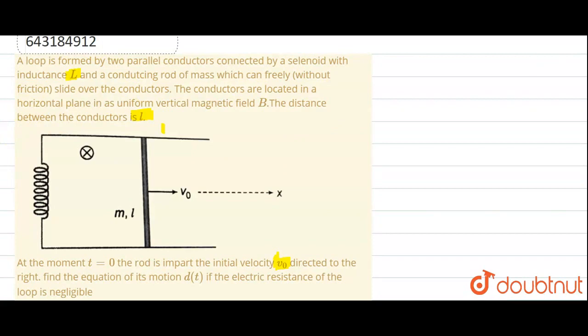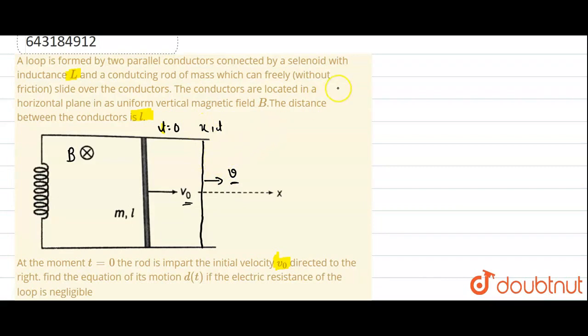So class, first of all, see this question. There is a magnetic field. Initially at t equal to 0, the rod is imparted with a velocity v0. So at any time t, the rod has a velocity v and has moved a distance x.